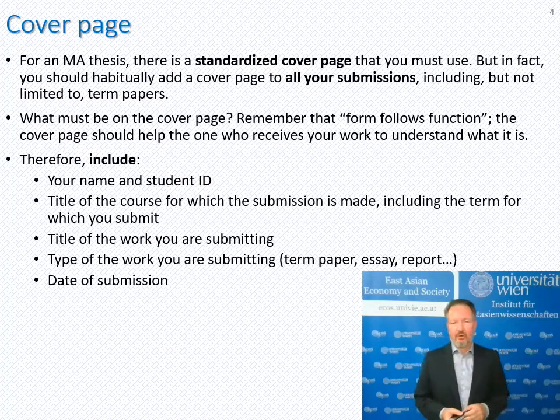The title of the work you are submitting, you could say assignment 4 or literature review on topic whatever in this course, or then again you call it master's thesis, and then you provide the title of your master's thesis, and so on. Then the type of work you are submitting, right? Is it a term paper? Is it an essay? Is it a report? And finally, the date of submission. So if all this information is on the cover page, then you're fine.